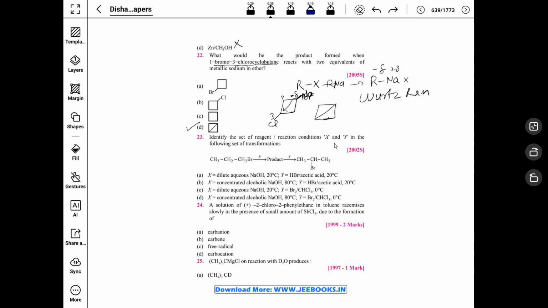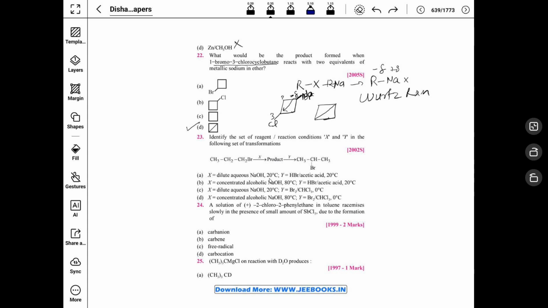Identify the set of reagents and reaction conditions X and Y in the following set of reactions. So look, first this is the alkyl halide, and then X gives the product, and after that this. So for sure this product has a double bond. To get this double bond, we need a strong base, not a nucleophile. We need the base to create the double bond. So let's look at option A, dilute aqueous sodium hydroxide.